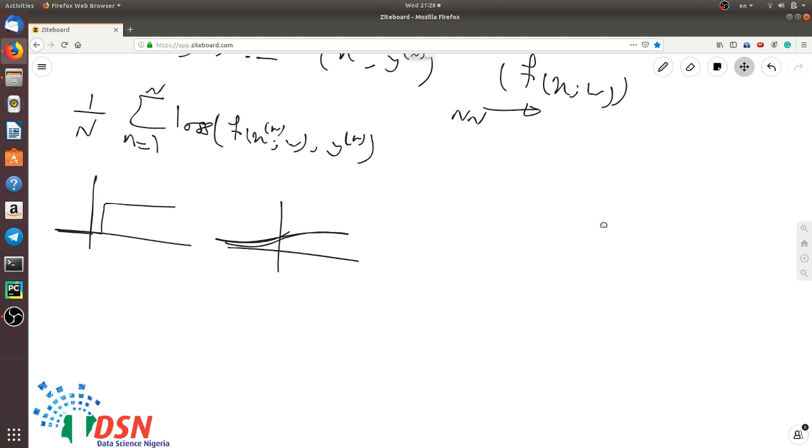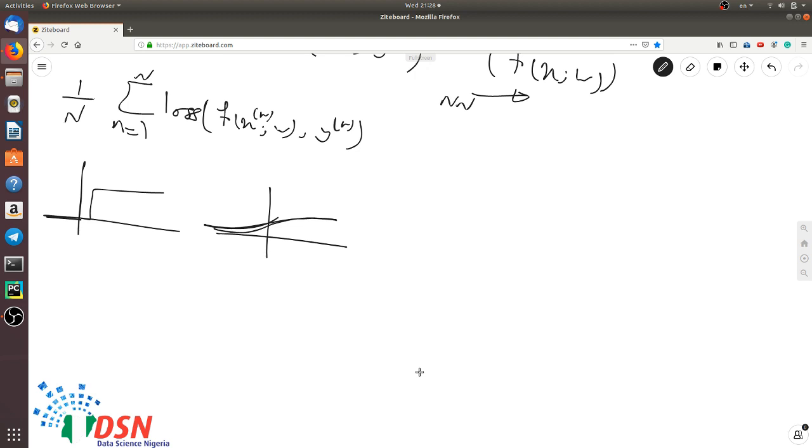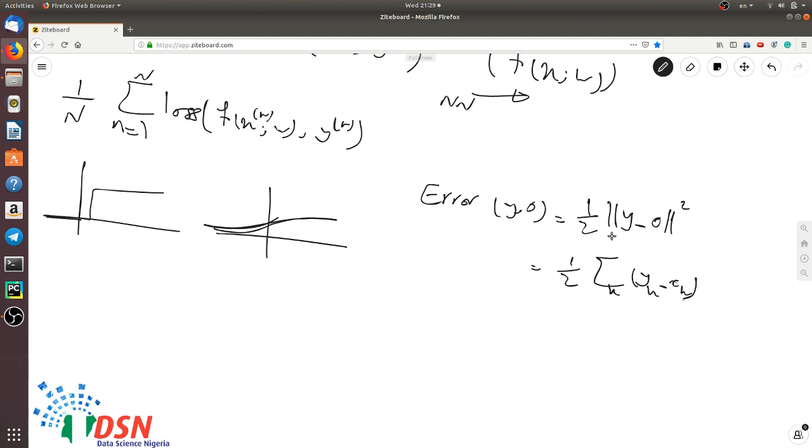Let's see some examples of loss functions. The most common one, as we have seen a lot, is the squared error. It is the Euclidean distance between the ground truth or desired output and the output of the network.